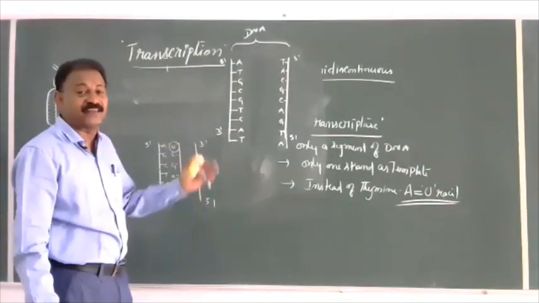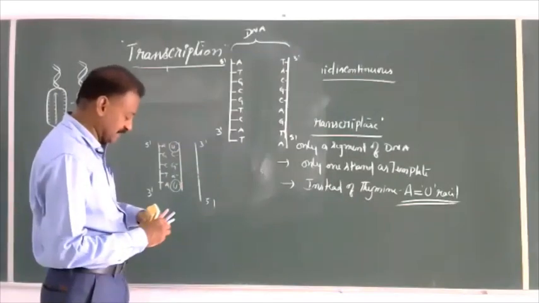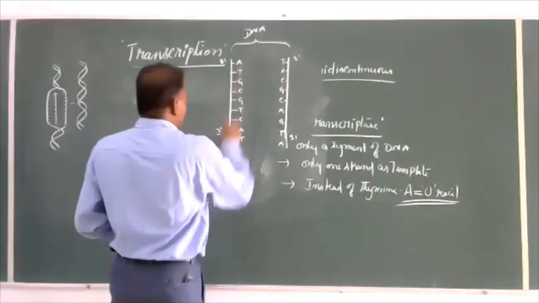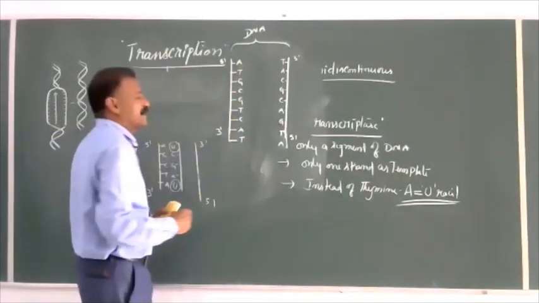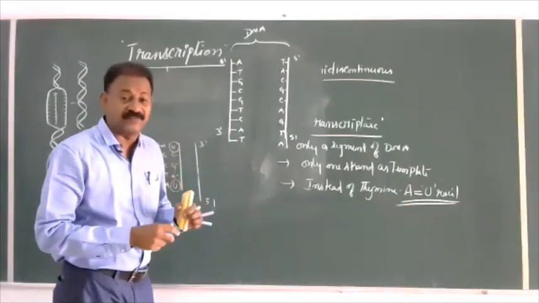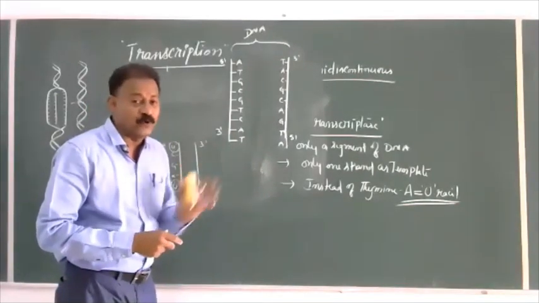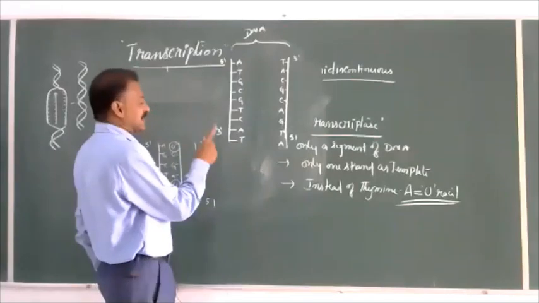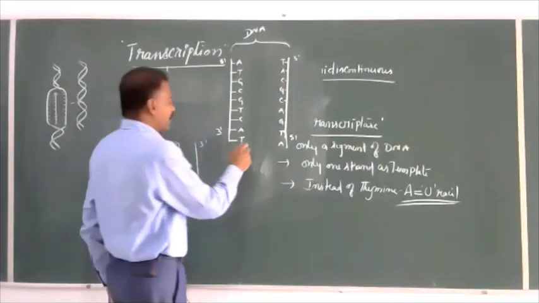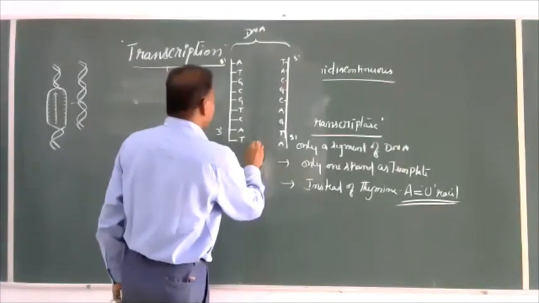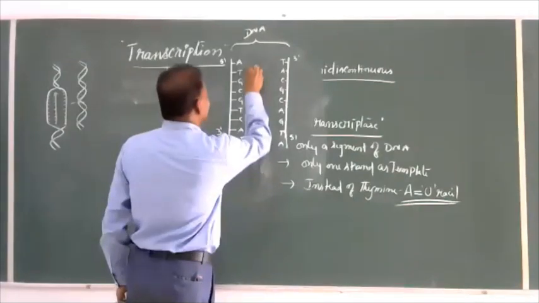Our question is, why not two? To understand this, DNA dependent RNA polymerase always has activity 5 prime to 3 prime. So it will select the template 5 prime to 3 prime like this.